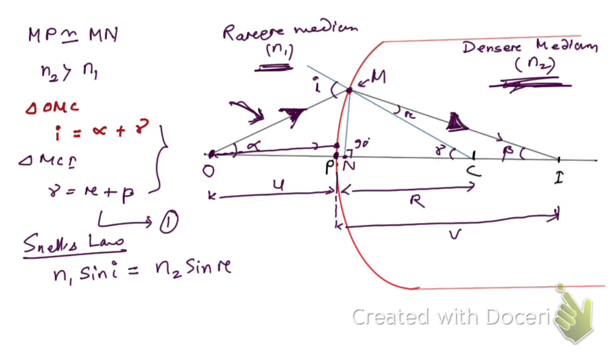So let me assume this incident ray strikes the point M very close to P, though I have drawn it with a bigger angle.